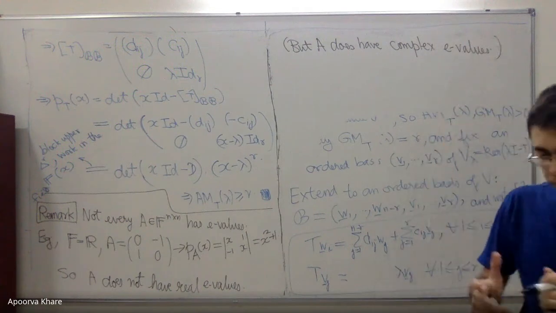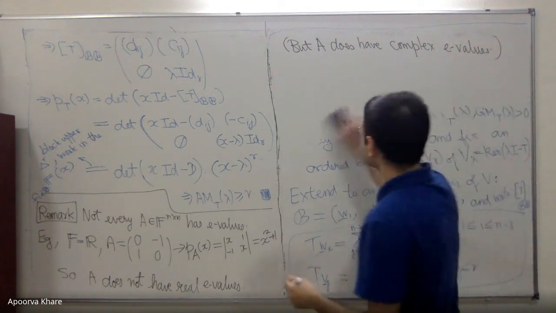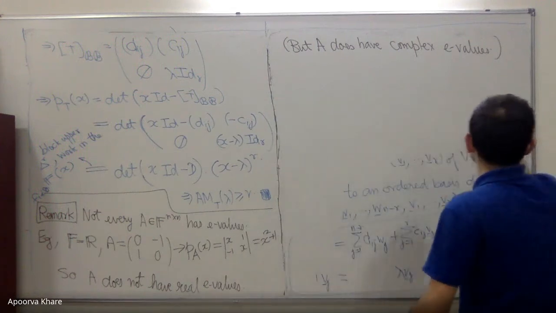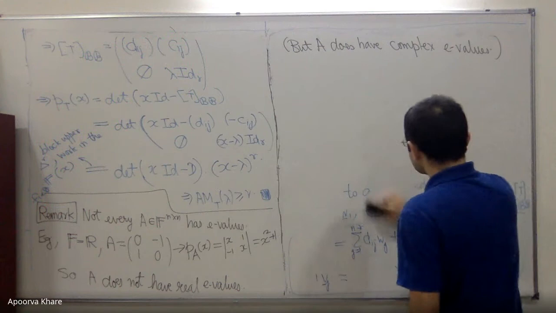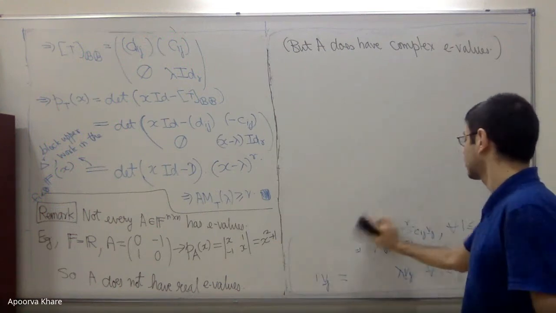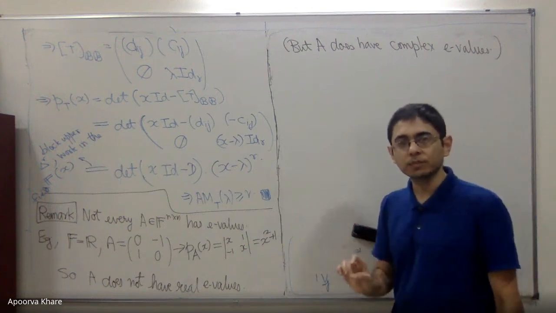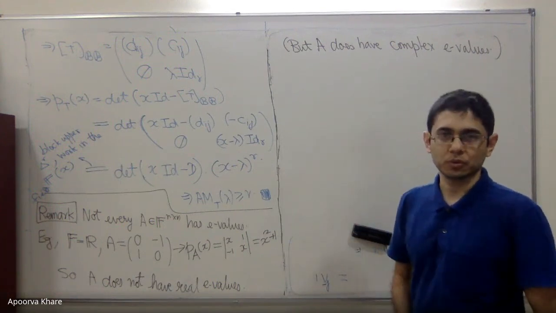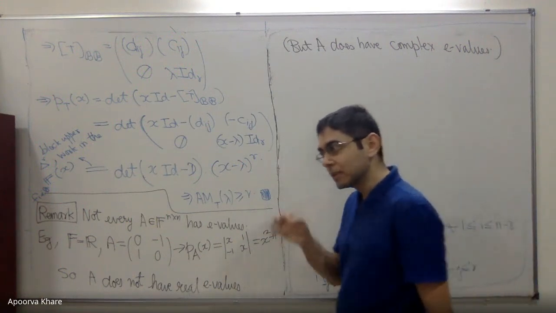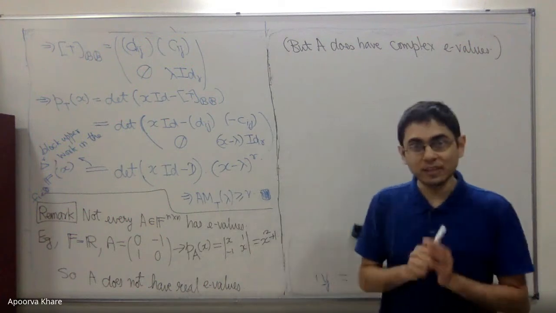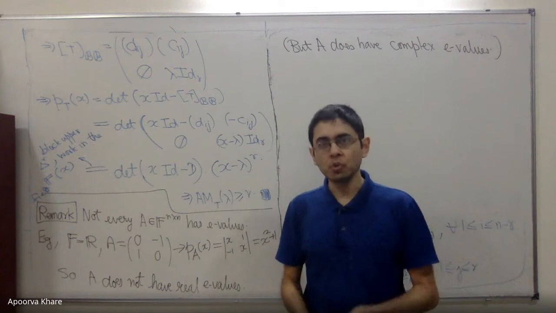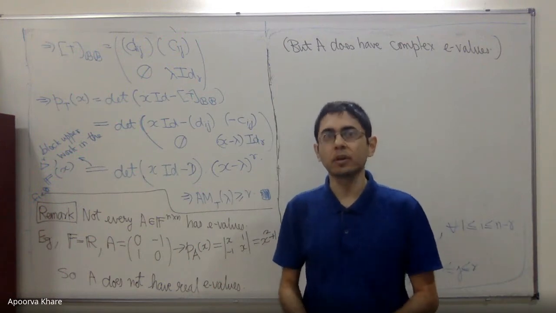And the difference stems from the fact that over the real numbers there are polynomials with real coefficients which do not have any real roots, basically this polynomial. But over complex numbers, this is not the case. Every complex polynomial has to have a complex root. Every real polynomial also has to have a complex root. Actually, the good news is that this happens for every single field, whether finite or infinite, whether characteristic is 2 or 3 or a positive number or 0.